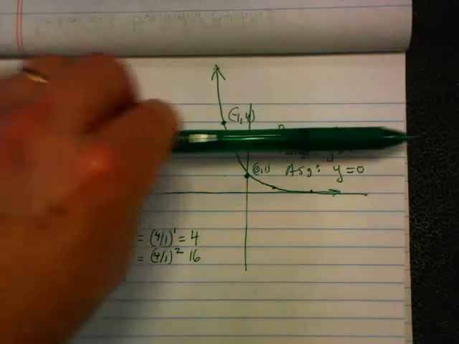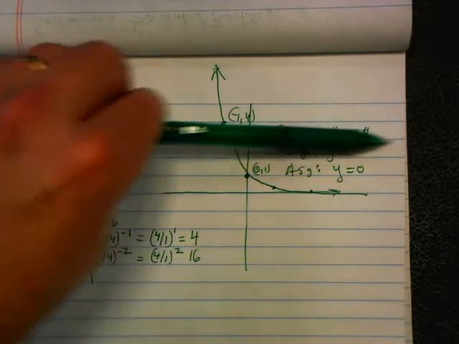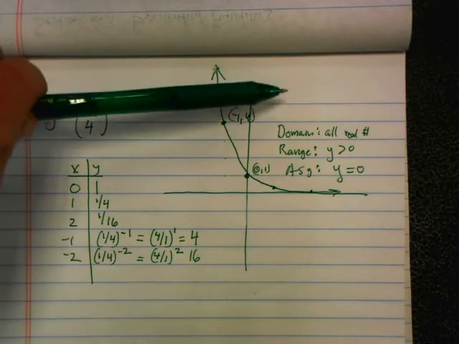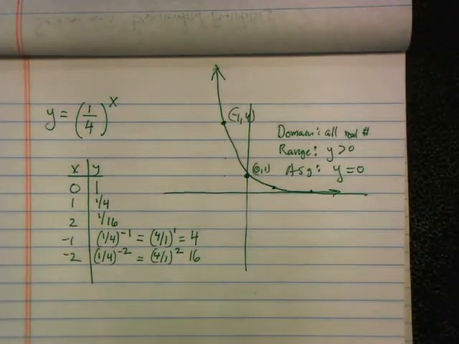Your asymptote would be up higher, at room temperature, but the thing would be very hot. It cools very quickly at first, and then it slows down and it gets closer and closer to room temperature. So that's an example of exponential decay. That was known as Newton's law of cooling, named after that famous Newton guy. All right, so those are the sort of things we're going to be looking at in the near future, kind of examples we're going to be working on with exponential functions.